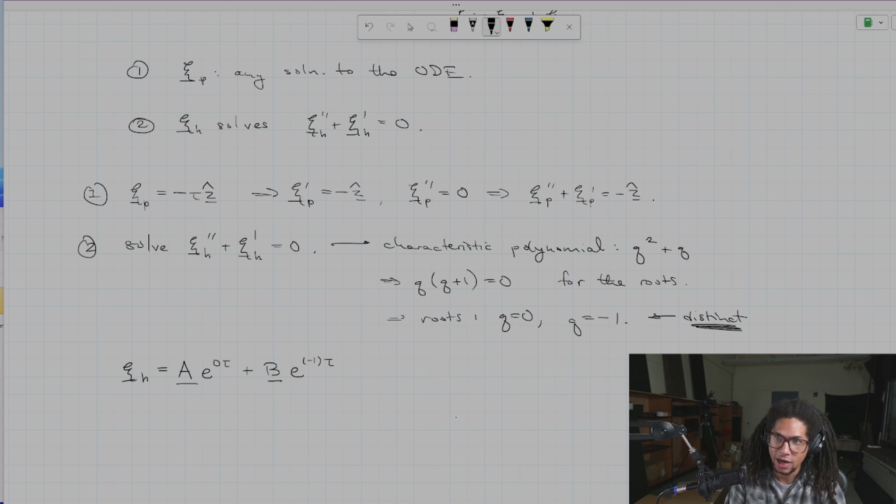Now 0 times tau, that's just going to give me 1, so this is just a plus b e to the minus tau.